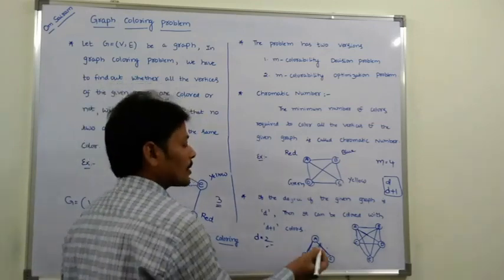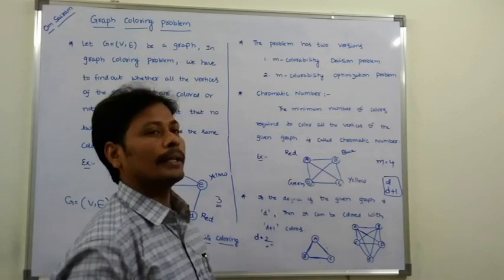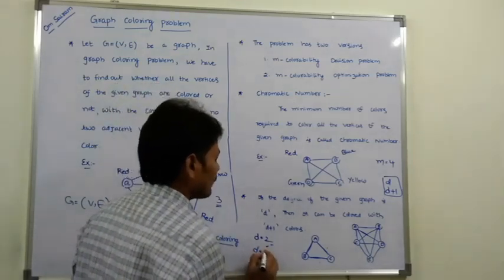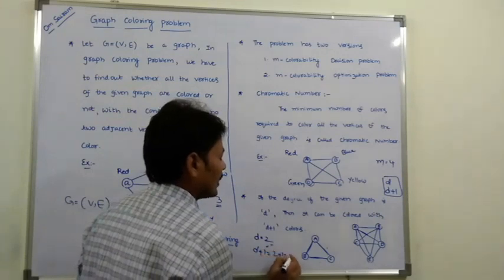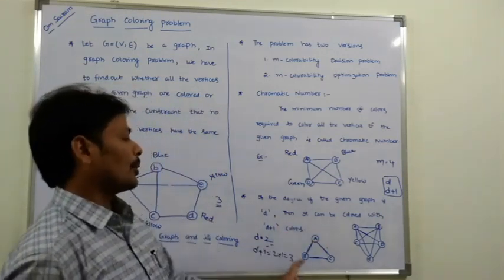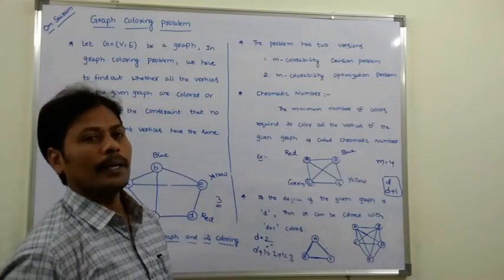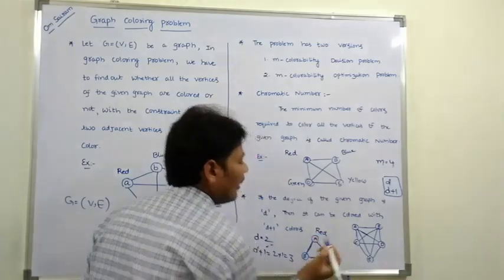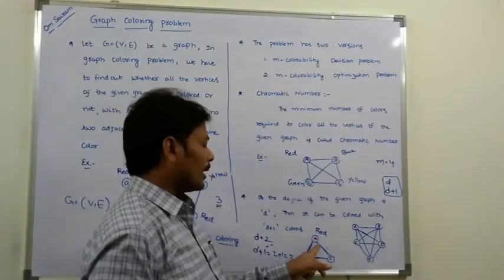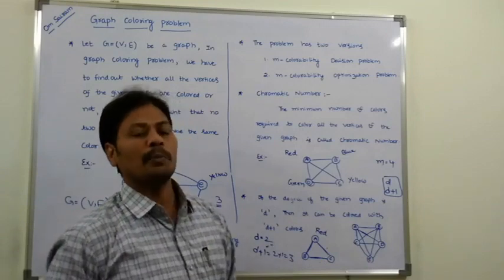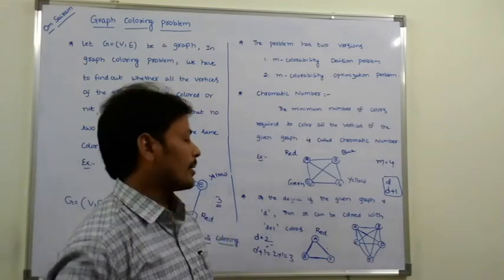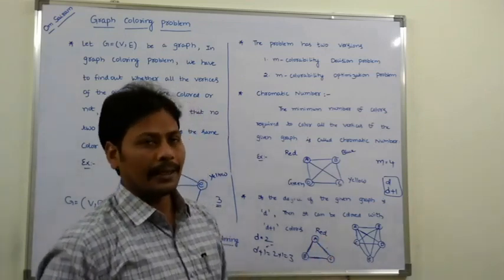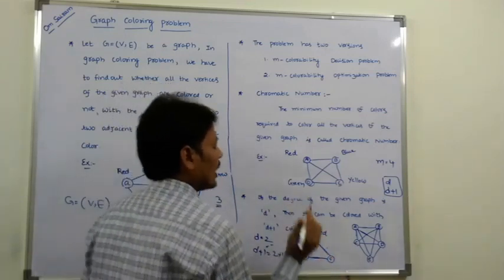How many colors are used to color all the vertices of the given graph? D plus 1 colors. So D plus 1 is equal to 2 plus 1, that is 3 colors are required to color all the vertices of the given graph. Check. First, for vertex A, we are using the red color. The same red color cannot be used for vertex B and vertex C, because vertex B and vertex C are adjacent to vertex A. So we do not use the same color.